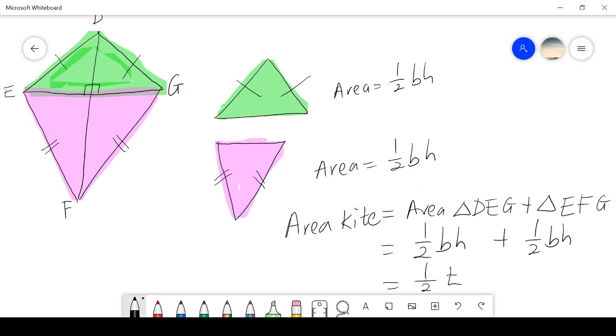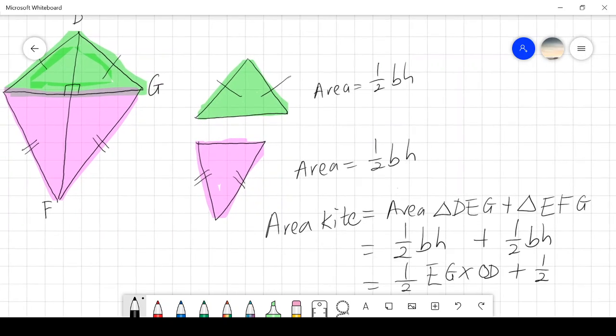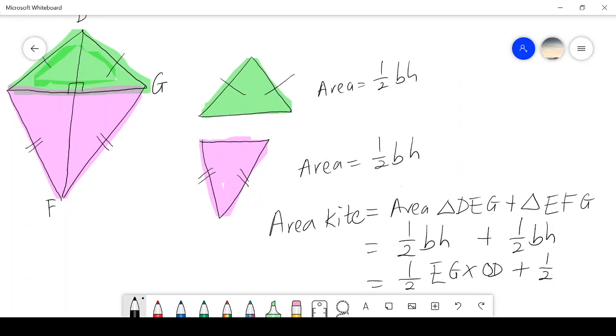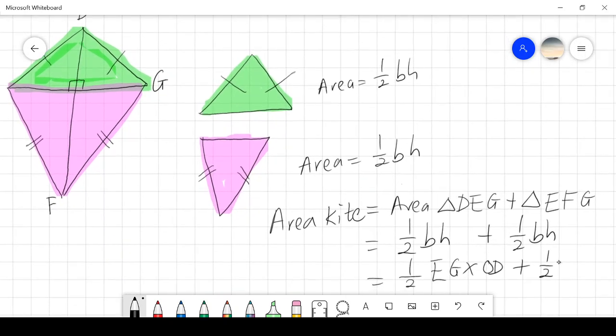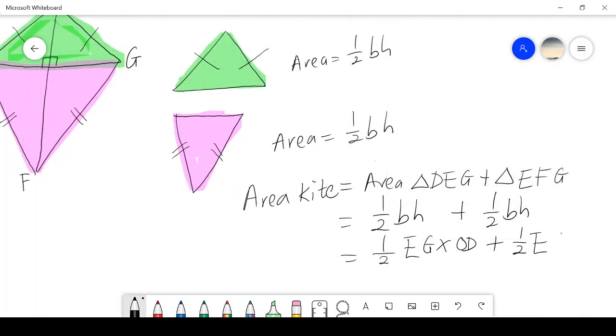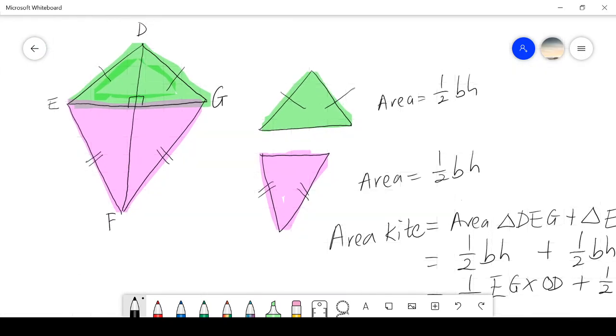So half of EG times my height, which is OD. And what is my base for triangle EFG? Again, it's EG. So half of EG multiplied by OF. O is there.